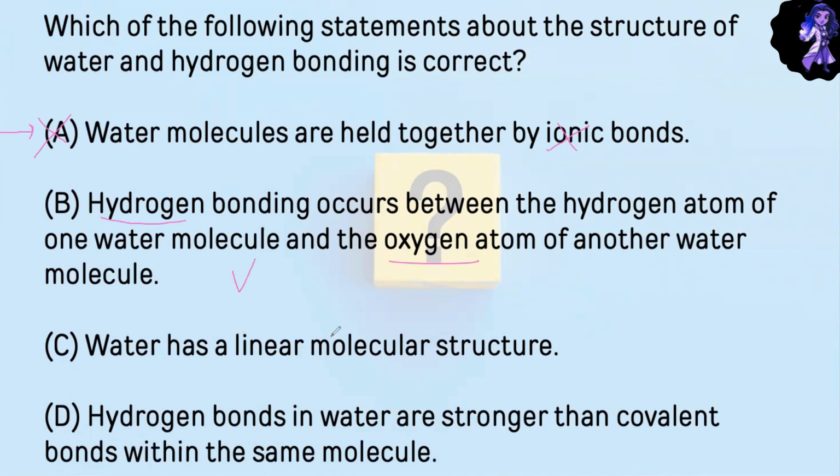Water is linear is the statement given by answer choice C. The problem with that is, if we remember, it has an upside down V shape and therefore is bent. So C would not be a good option. D states that hydrogen bonds in water are stronger than covalent bonds within the same molecule. And we mentioned that they're actually fairly weak. So D would not be a great option. Based on the answer choices given here, B would be our best answer choice.